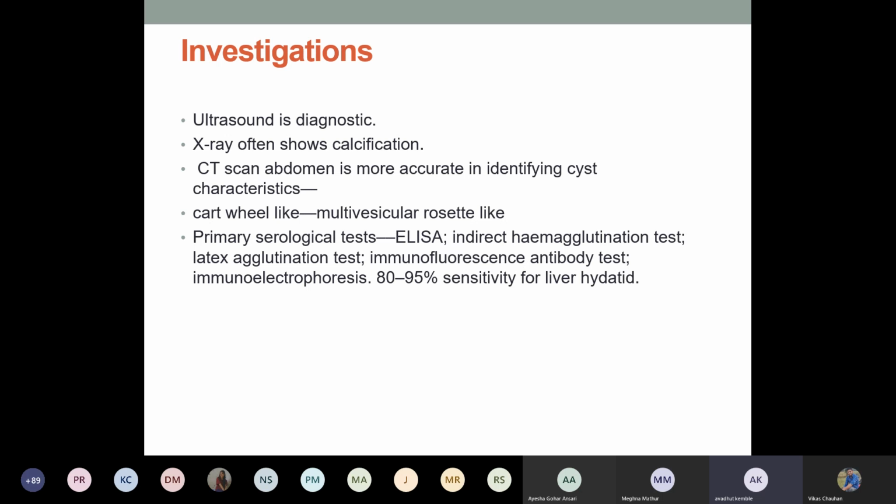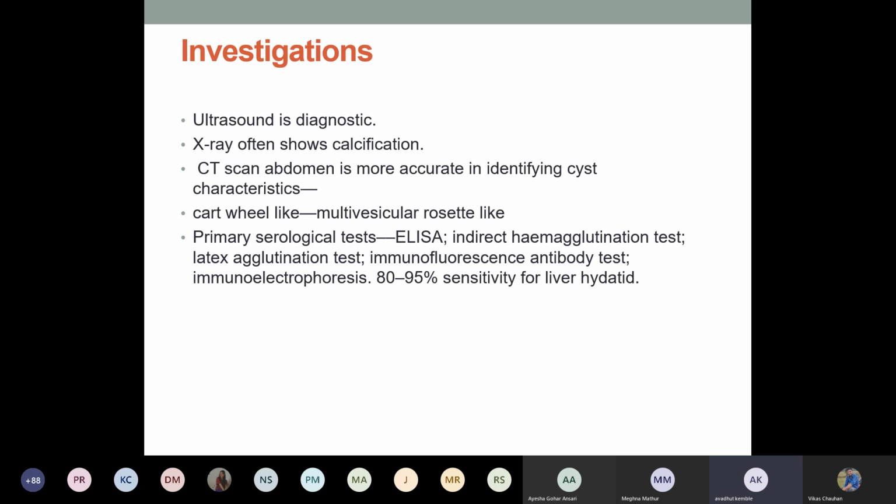And serologically, ELISA, indirect hemagglutination test, latex agglutination test, immunofluorescence antibody test, immunoelectrophoresis, and the sensitivity of these tests is 80 to 95% as far as liver hydatid is concerned.